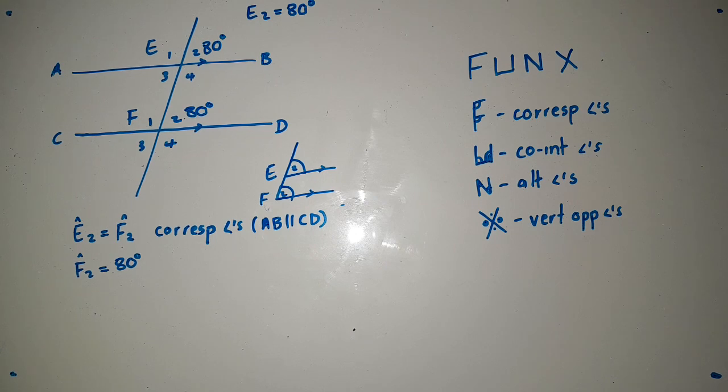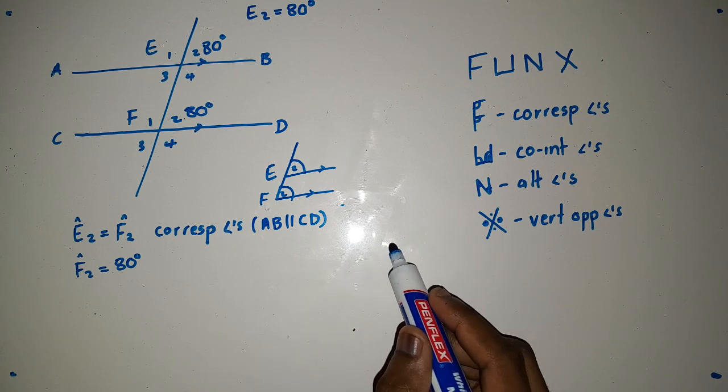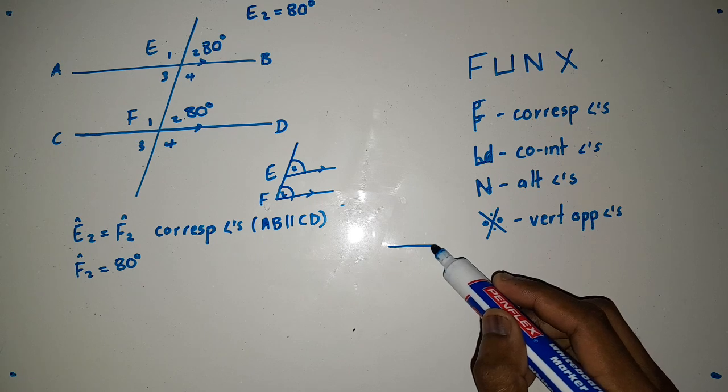Now let us figure out the value of E3. How then are you going to figure out the value of E3? Now we are going to get a Z shape, something like this.